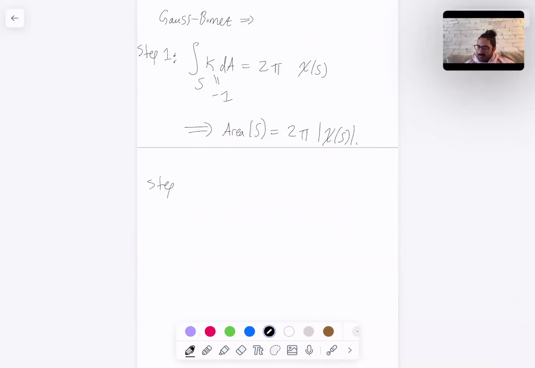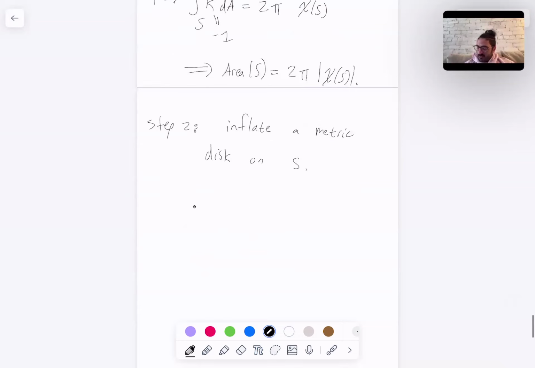Now, step two is to say, let's just imagine inflating a metric disk on S. You can start with a single point and then imagine a movie where you start growing a ball around that point, larger and larger and larger. These are all metric disks, just actual balls in the hyperbolic metric.